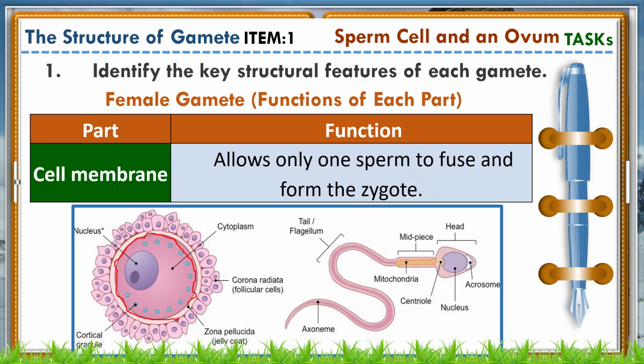That small layer is what we call the cell membrane, and it allows only one sperm to fuse and form the zygote. So that is the cell membrane of the ovum.